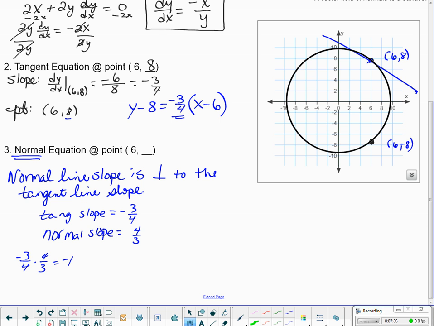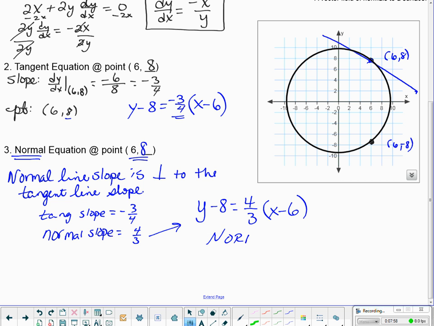Aha, we do. Awesome. All right, now all I've got to do is write the normal equation, and we're grabbing the same point, 6, 8. So I take my new information and I write y minus 8 is equal to 4/3 times x minus 6.